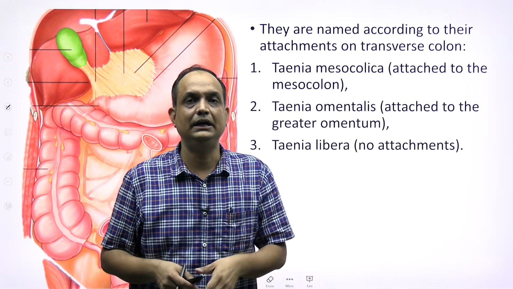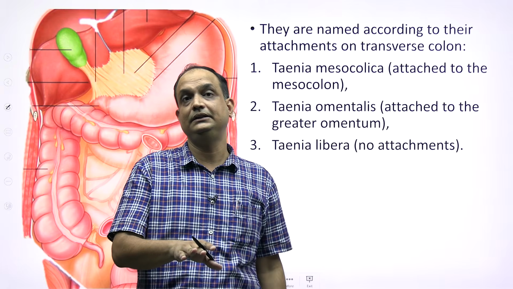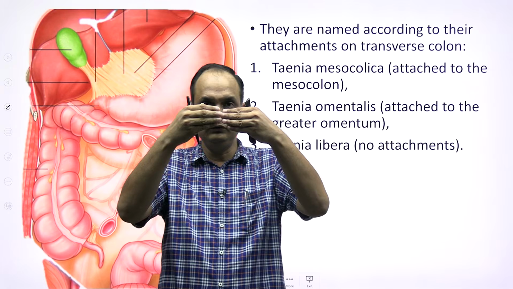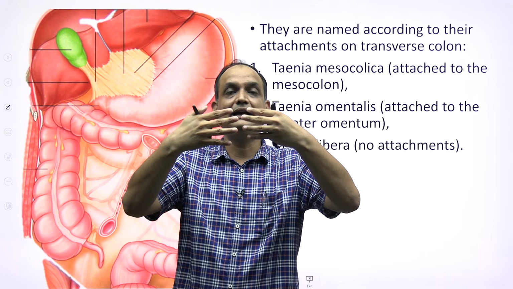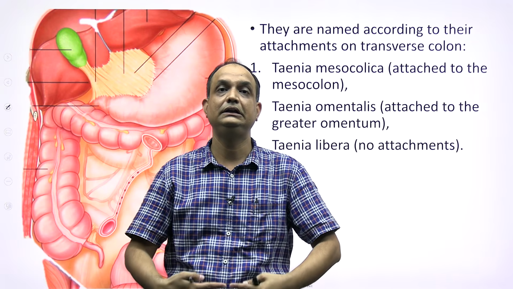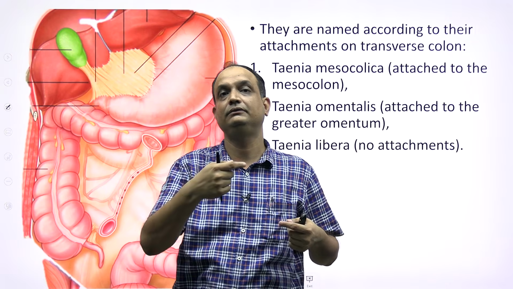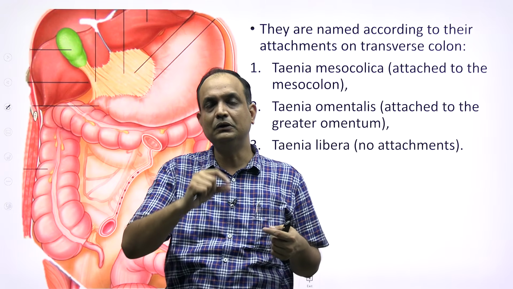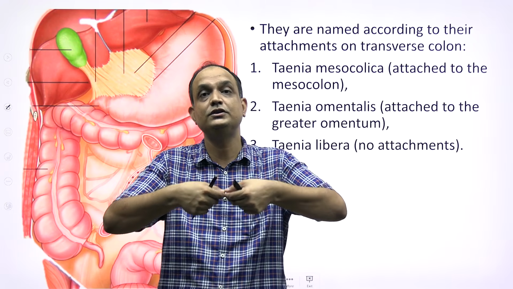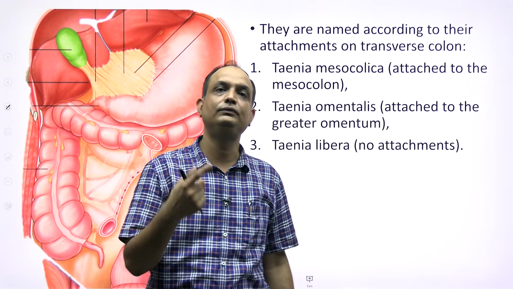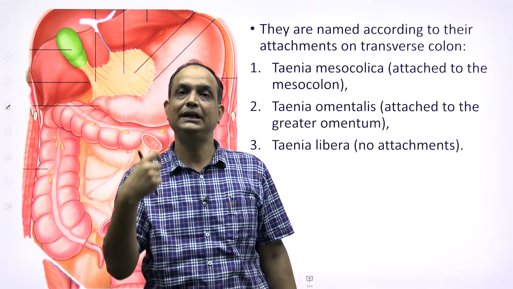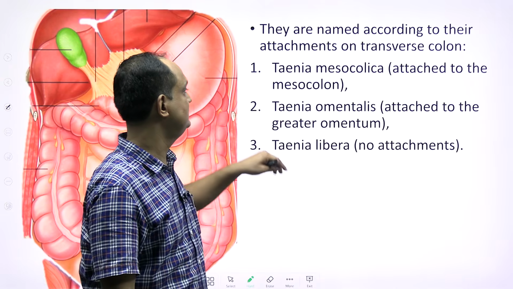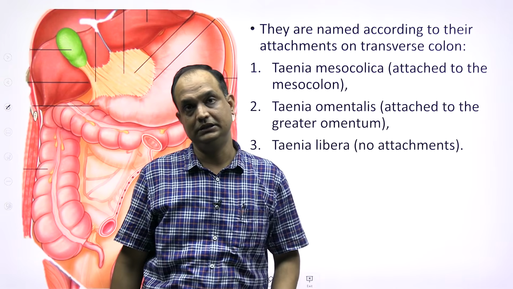So my dear students, keep this in mind: the apron-like curtain in your abdominal cavity, known as the greater omentum, is suspended from the greater curvature, but somewhere below the greater curvature it also merges with the band of your transverse colon, and that band is then considered the Teniae omentalis.